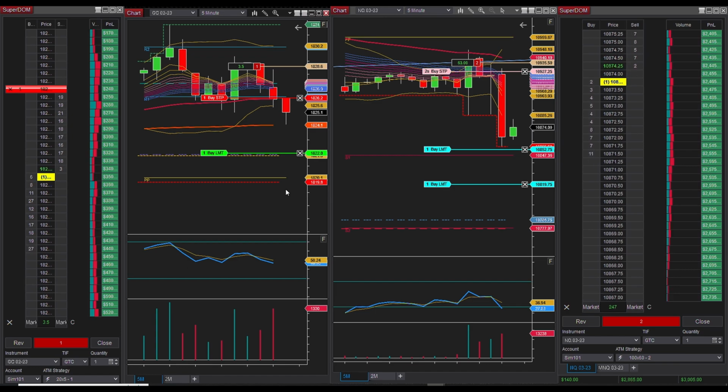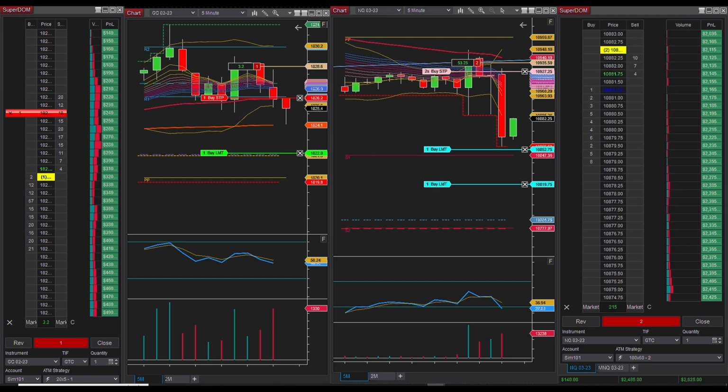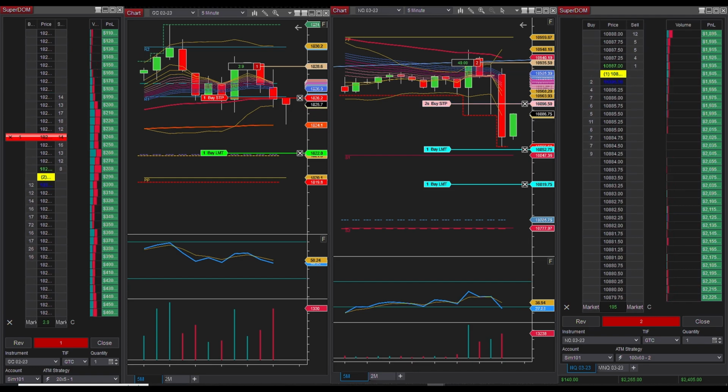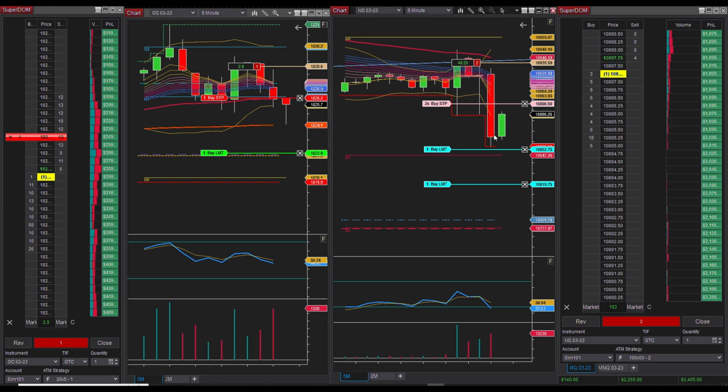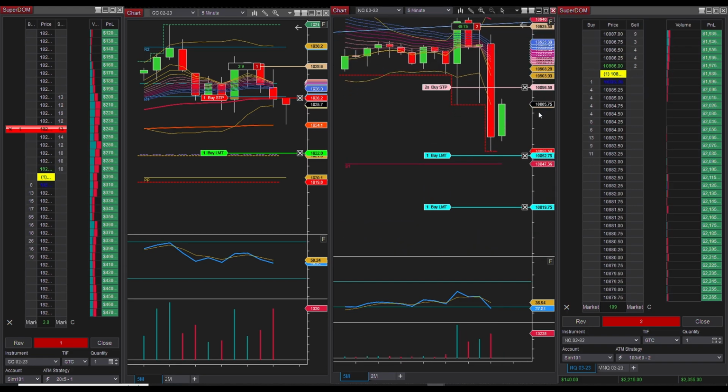So basically I just need to adjust and adapt to it. It's all about reaction rather than prediction. So I lowered my stop loss for both Nasdaq and gold.